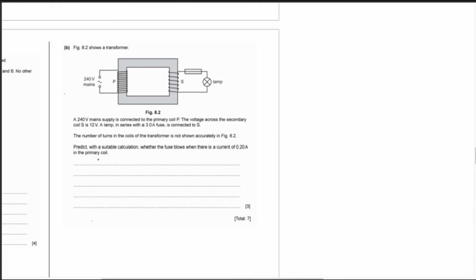Okay, so we use the formula Vp Ip equals Vs Is. Just for information, writing out the formula itself will give you 1 mark. Then we substitute the values. Primary voltage 240, and current 0.2.